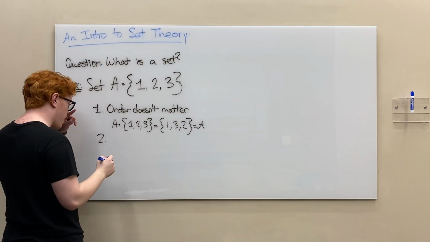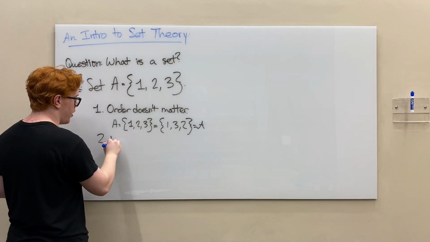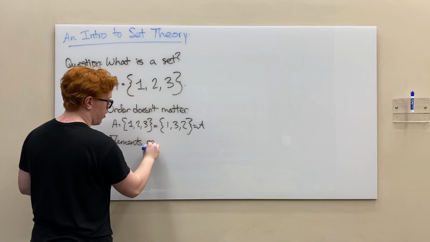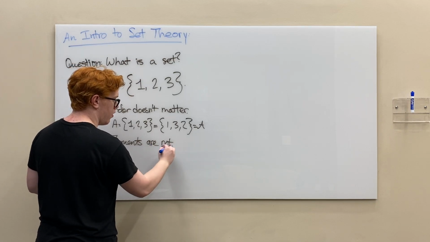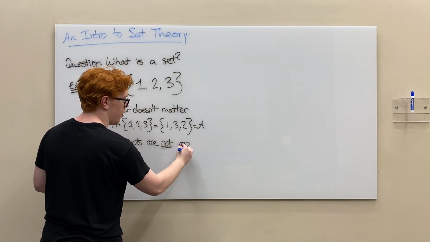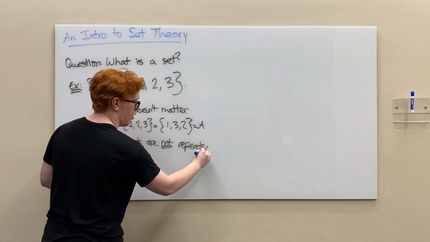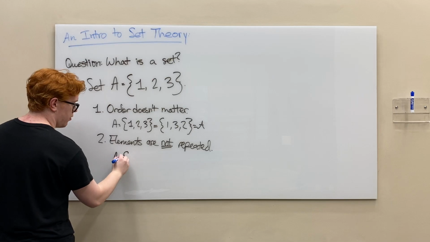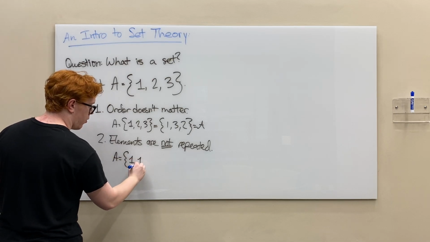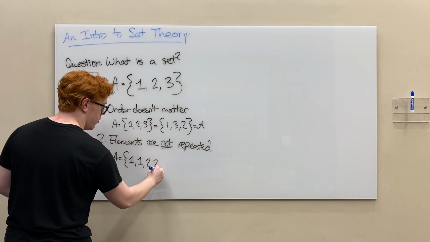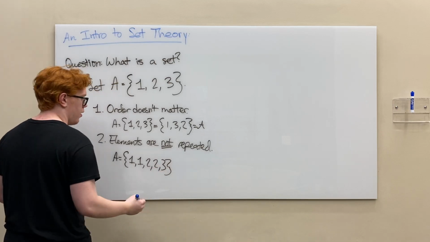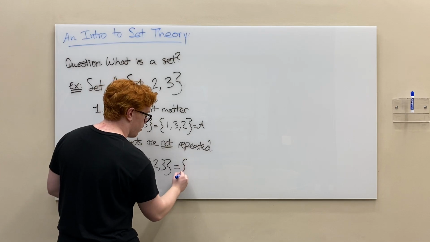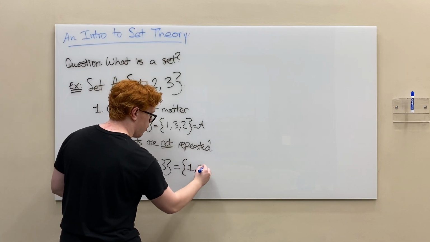Two, elements are not repeated. So what this means is A = {1, 1, 2, 2, 3} is really, we don't repeat stuff, {1, 2, 3}.